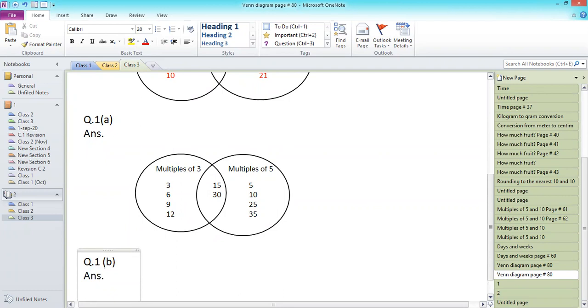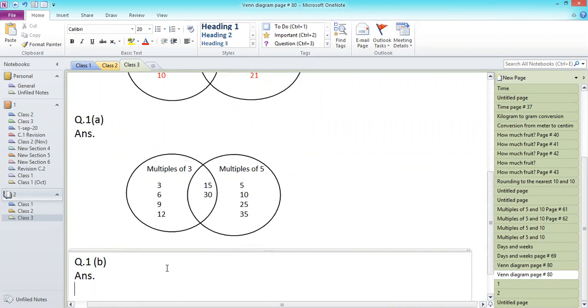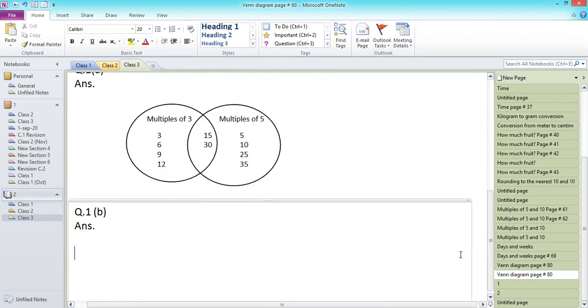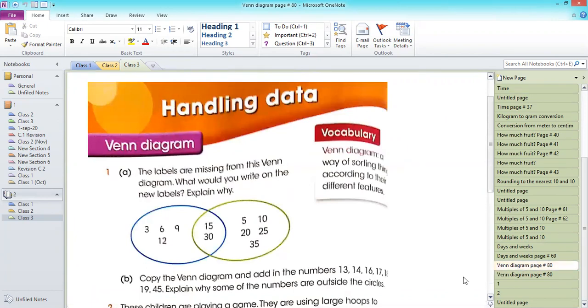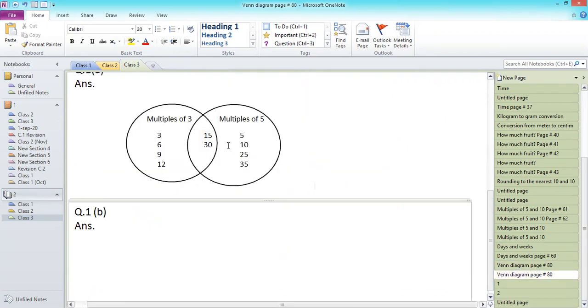Question 1B, answer. What you have to do here, you have to adjust these numbers. The numbers are 12, 13, 14, 16, 17, and 18.